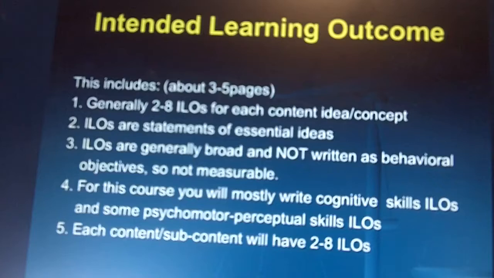Similarly, the intended learning outcomes could be written for cognitive skill development, in terms of different ways we can find out what students know. Generally we do that by quizzes and many different ways we find out what students have learned in a content, which falls under cognitive.